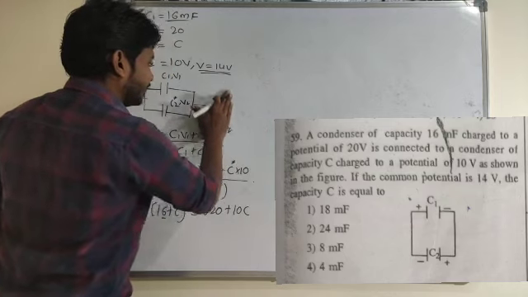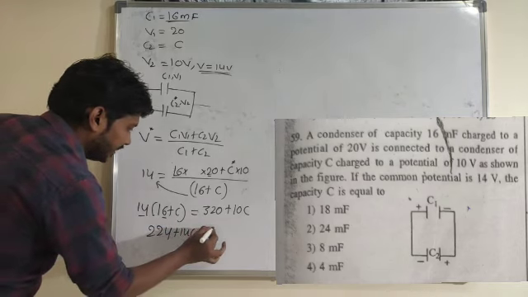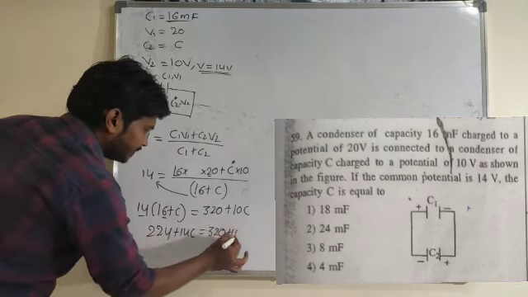So 224 plus 14C is equal to 320 plus 10C.